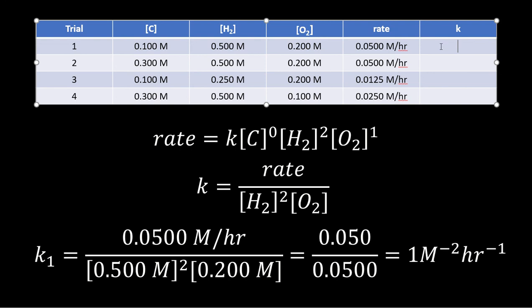So to write this in, essentially we have the rate constant in trial 1 equaling a value of 1 that has units of inverse molars squared times inverse hours. You can also represent that as a fraction as 1 over molars squared hours.